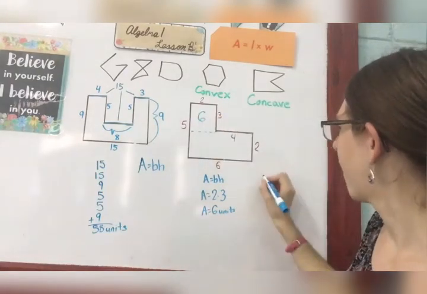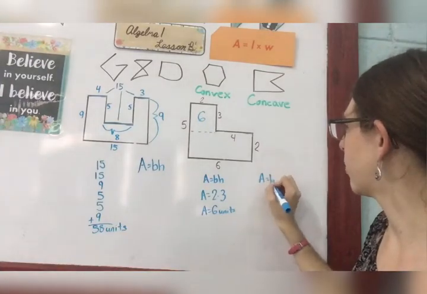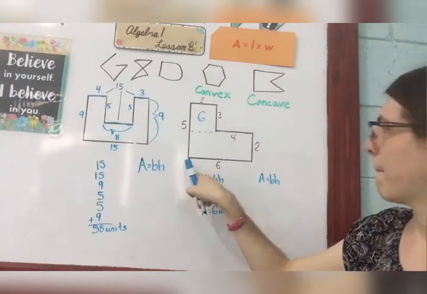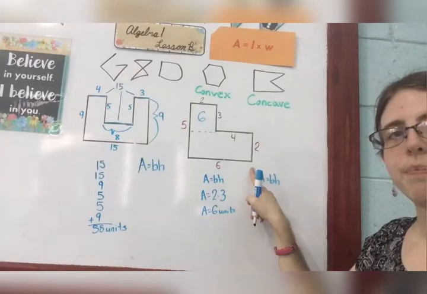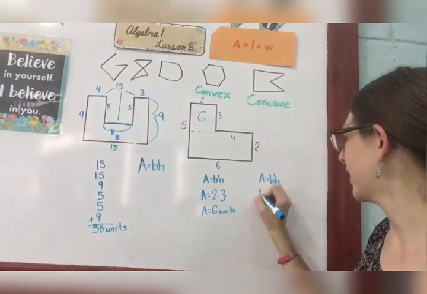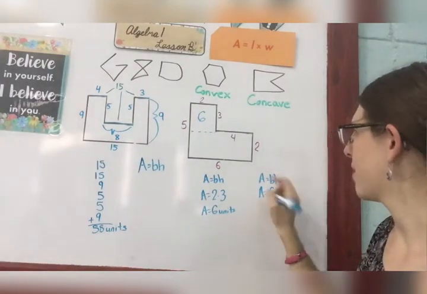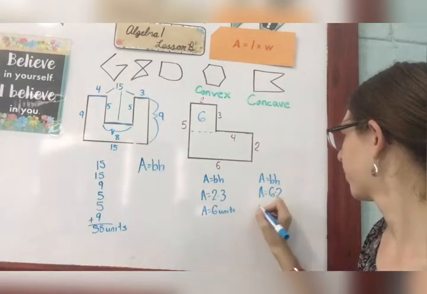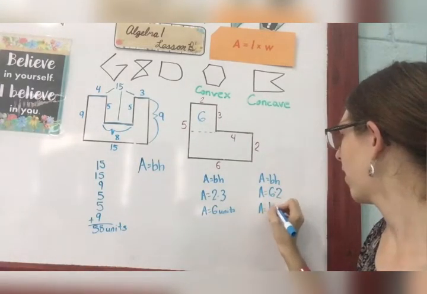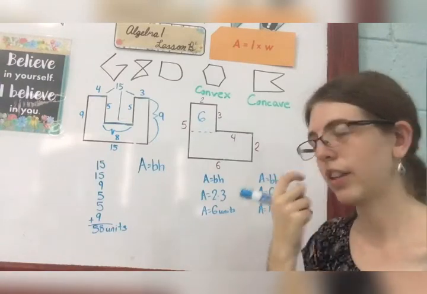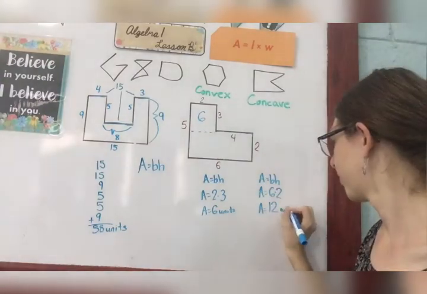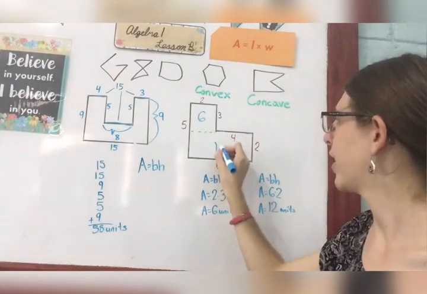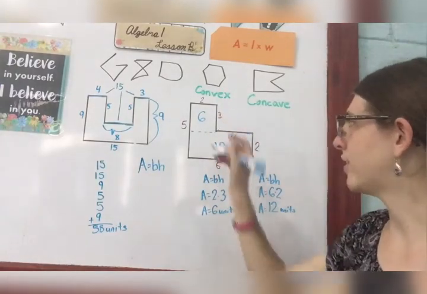Okay? Over here, area equals base times height. My base from here to here is what? Very good, it's 6. And my height from here to here is 2. So my area equals 12 units. Now to find your total area, you have to add these 2 together.